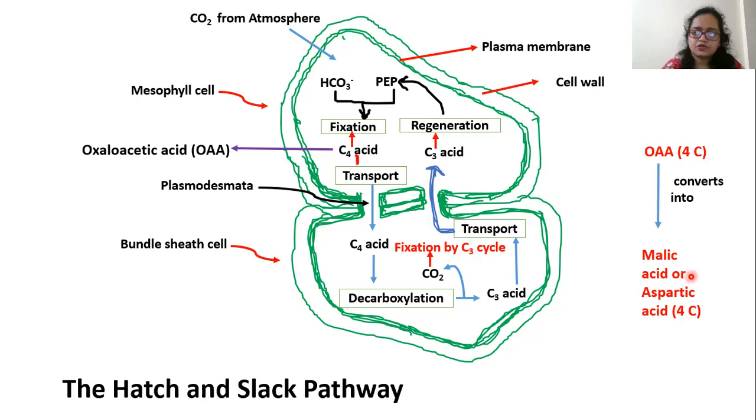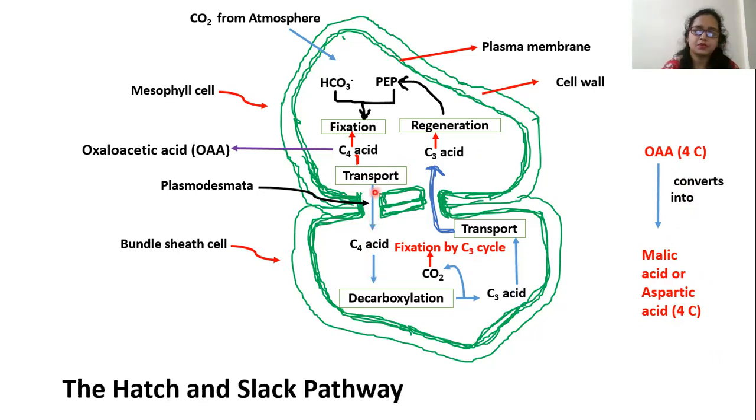Malic acid, or malate, and aspartic acid, or aspartate, are 4-carbon compounds, and OAA is also a 4-carbon compound. These acids, either malic acid or aspartic acid, get transported into the bundle sheath cell through the plasmodesmata.